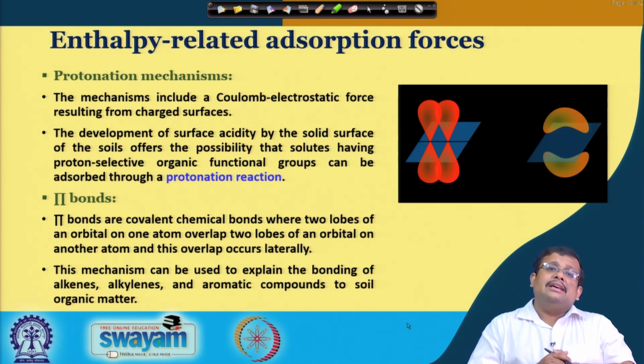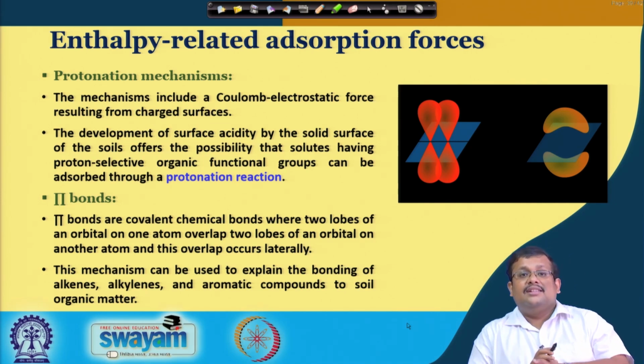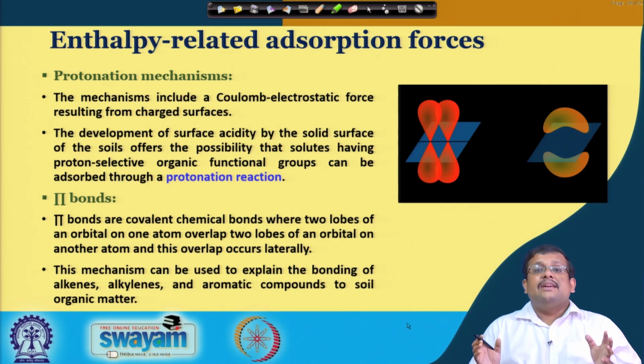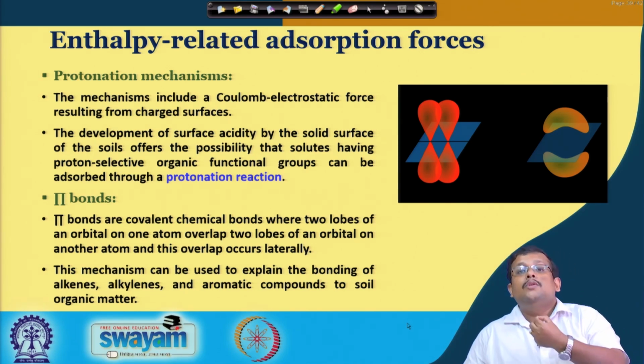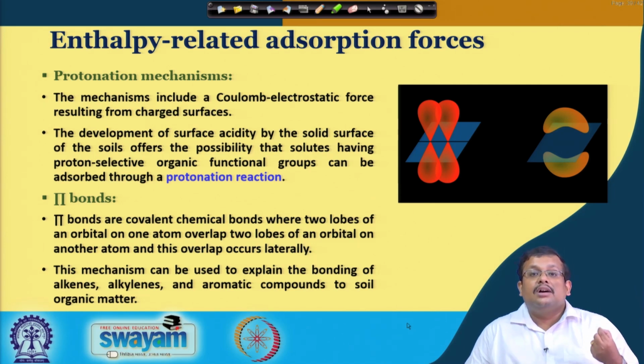Another bonding is known as the pi bond, and you can see the figure here. Pi bonds are covalent chemical bonds where two lobes of an orbital on one atom overlap with the two lobes of an orbital on another atom, and this overlap occurs laterally.